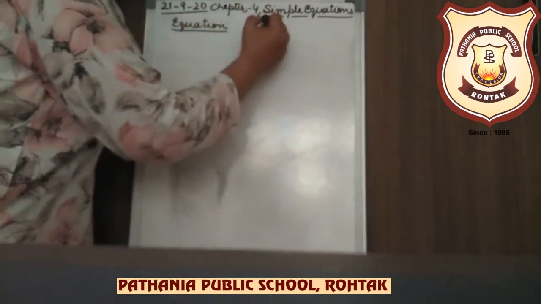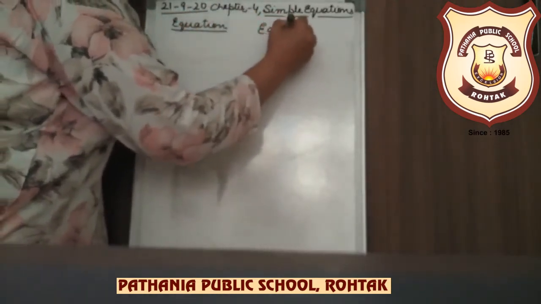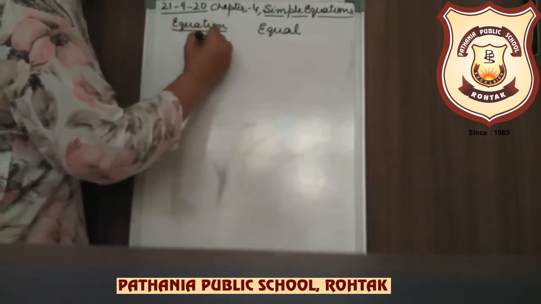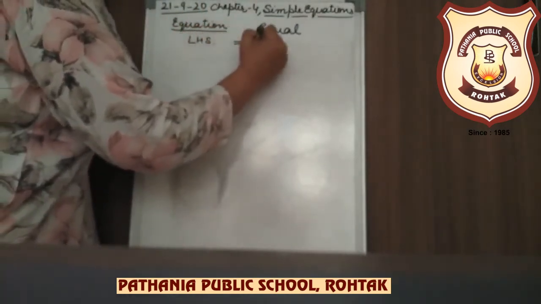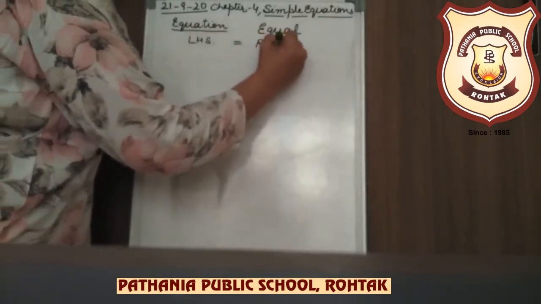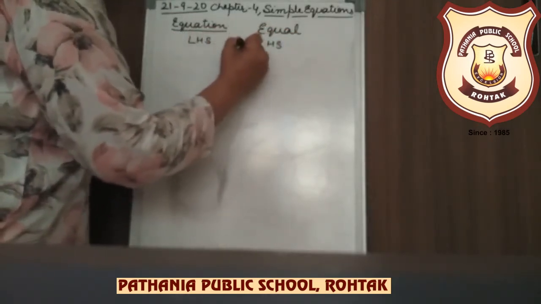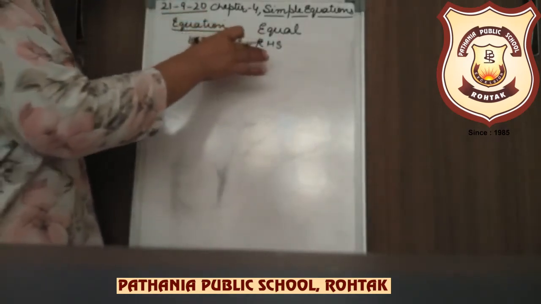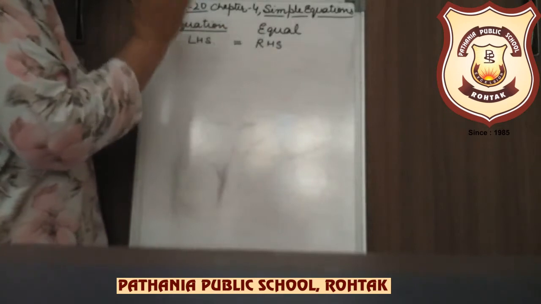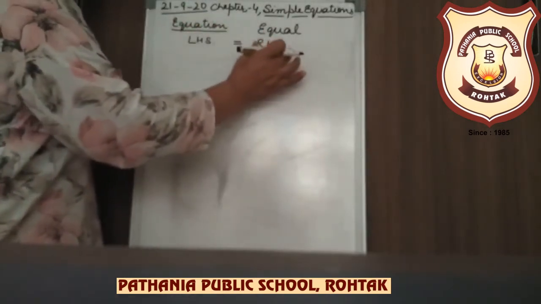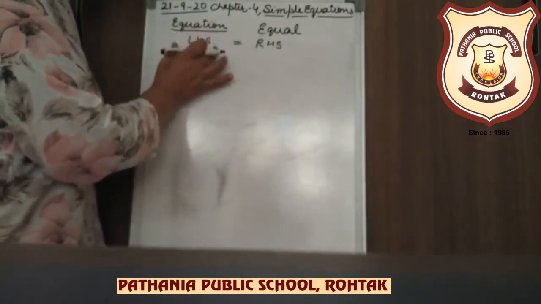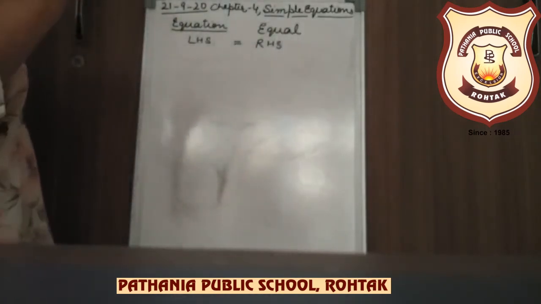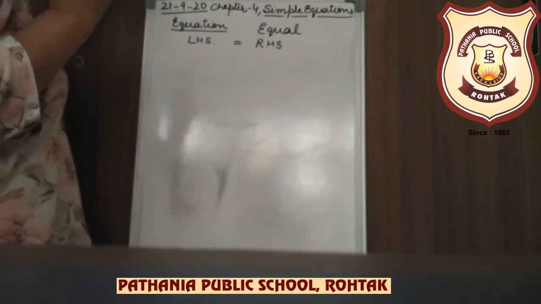Equal is the word here. So you have an expression on the left hand side and on the right hand side of the sign equal to. Such a statement is called an equation. In an equation you have two sides, the left hand side and the right hand side. Clear? I'll give you an example.